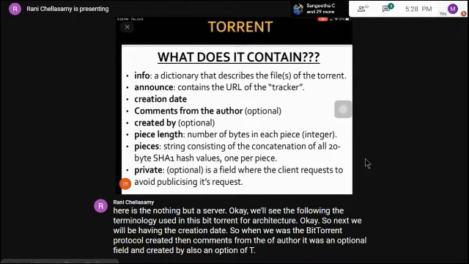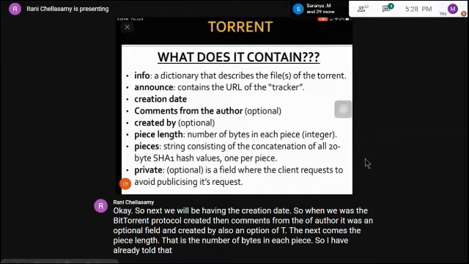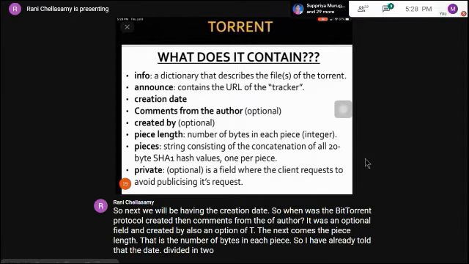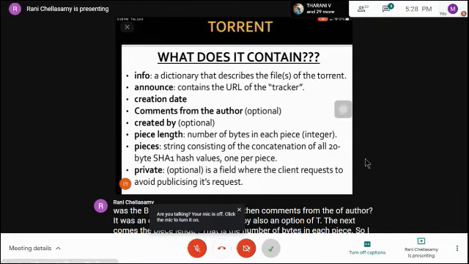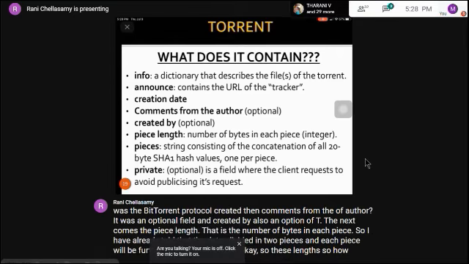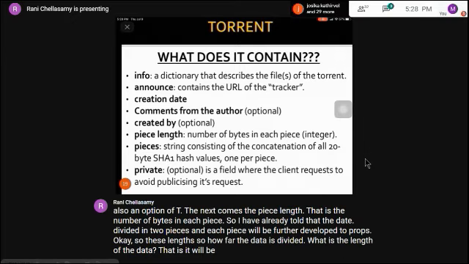The next is the piece length, that is, the number of bytes in each piece. I have already said that the data will be divided into pieces, and each piece will be further divided into blocks. So piece length: how far the data is divided, what the length of each piece is, will be specified in the piece length.